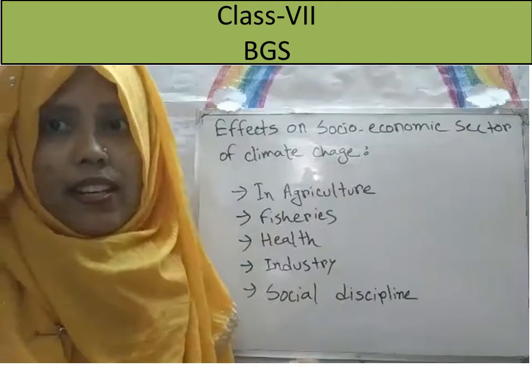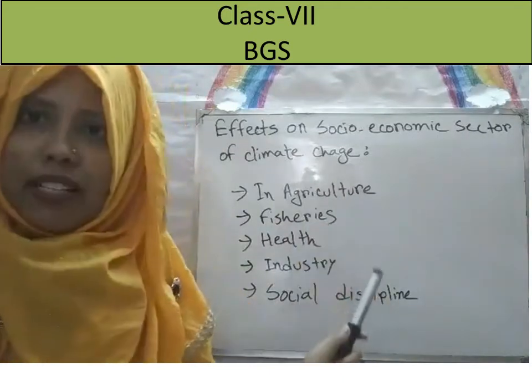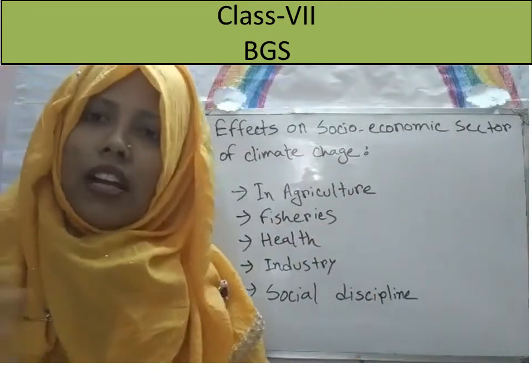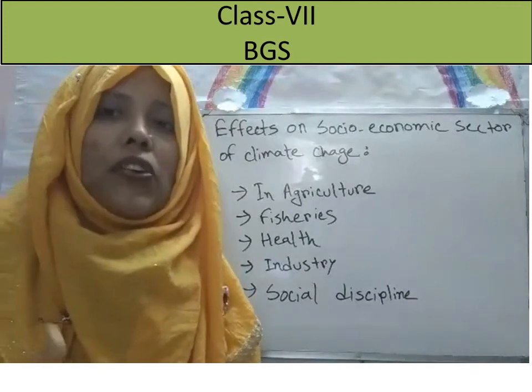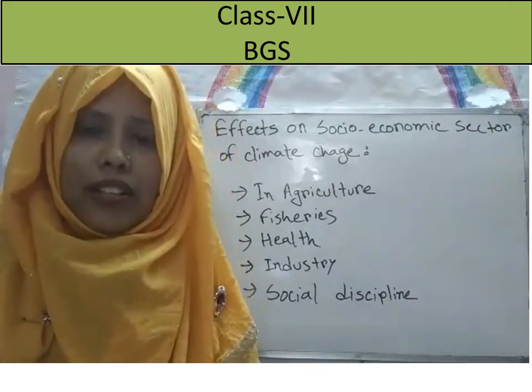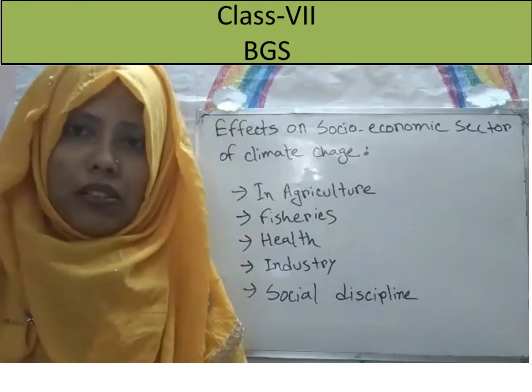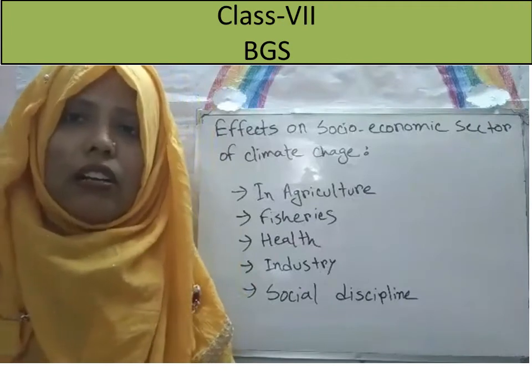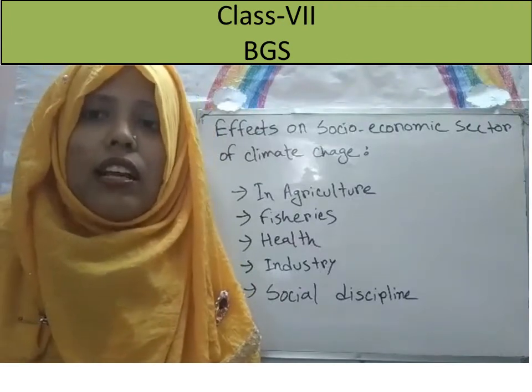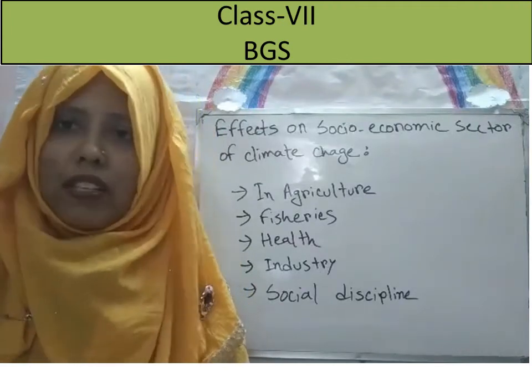How is our agriculture damaged? When the temperature is high, our crops are damaged. When the rain increases, because of abundant rain, our crops are damaged. For flood, when a flood lasts a long time, our crops are damaged.